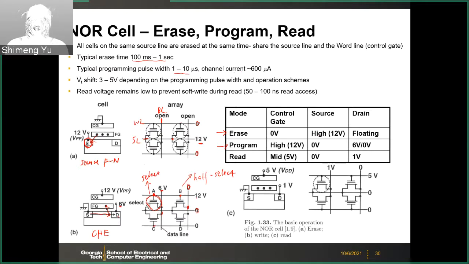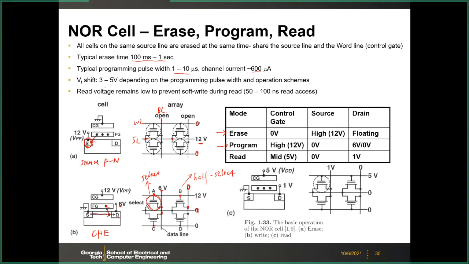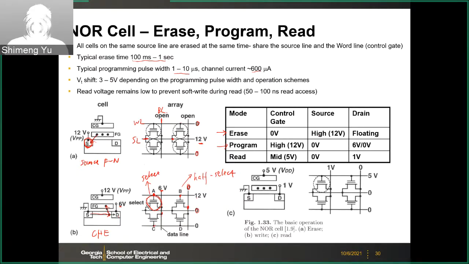For the channel current, you need to apply the CHE mechanism, so the channel current can be as large as 600 microamps. So it's very power consuming in this case. After the programming, the VTH may shift 3 to 5 volts, depending on the programming pulse width.